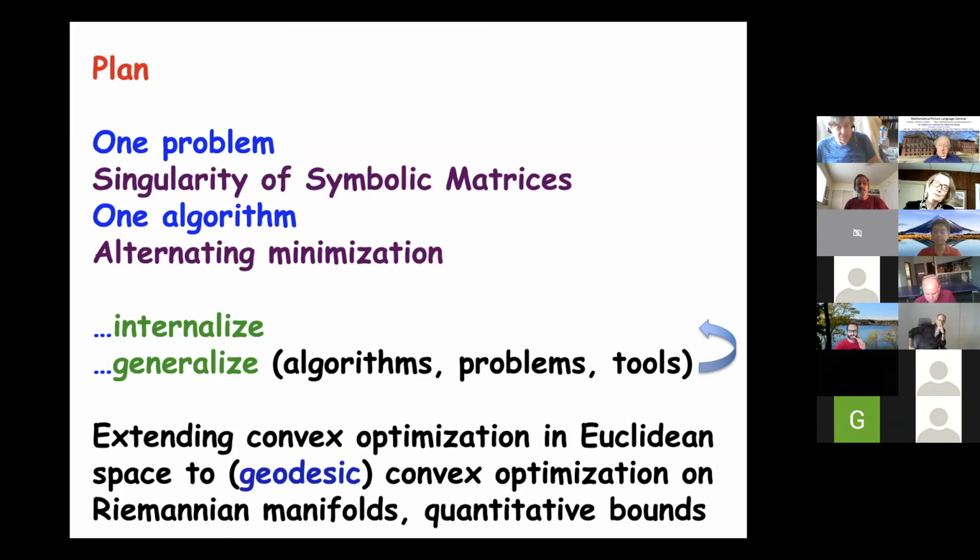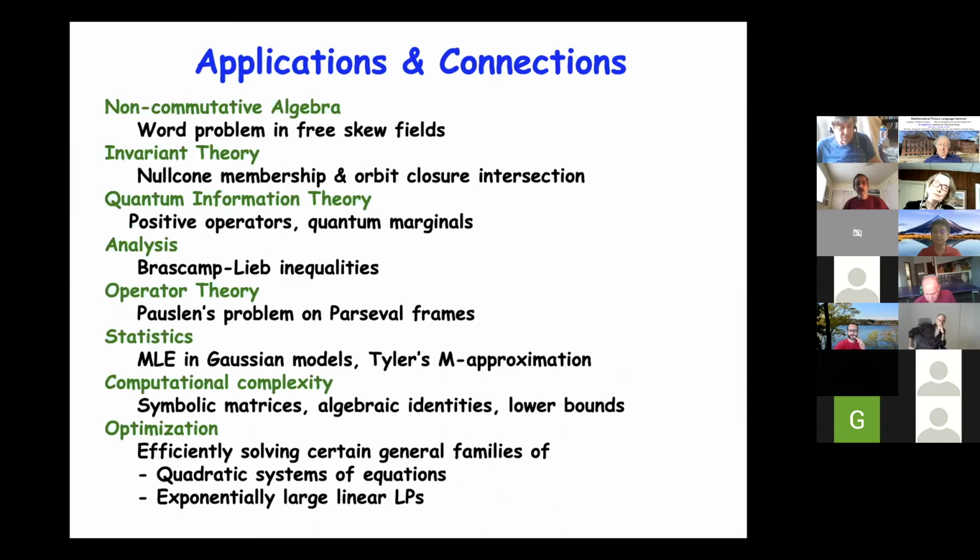And I want to just flesh out some of the areas that interact here. By interact, I mean, they both serve as sources of problems, they serve as sources of tools, and there are applications to the techniques we develop. I'll just mention them.